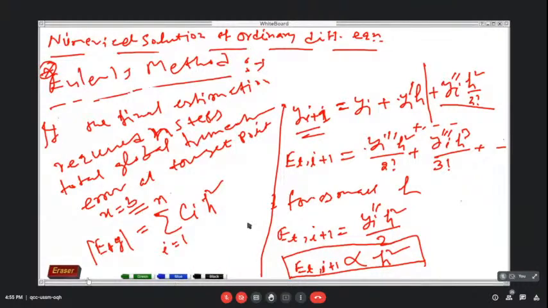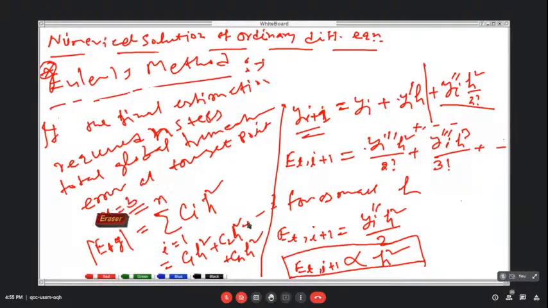Okay, so now if I write this down, then this will be c1 h square plus c2 h square, and so on up to cn h square. All these constant coefficients come from the second derivative divided by 2.